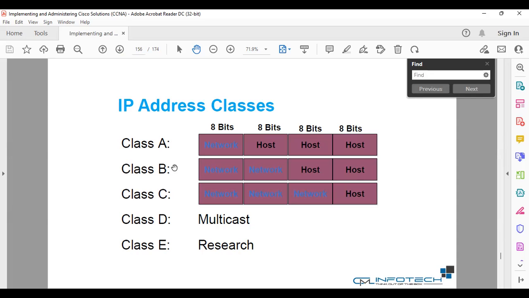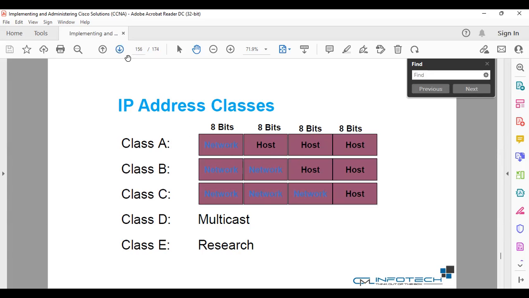So we generally use classes A, B, and C. For all these classes there are 4 portions: the first 8 bits, then 8, then 8, then 8. In any class, there are two areas, either network or host.